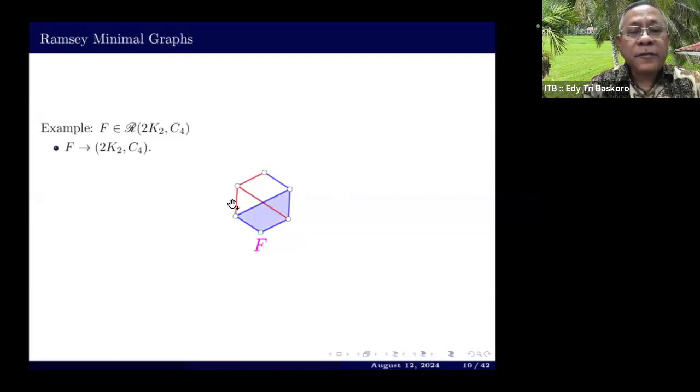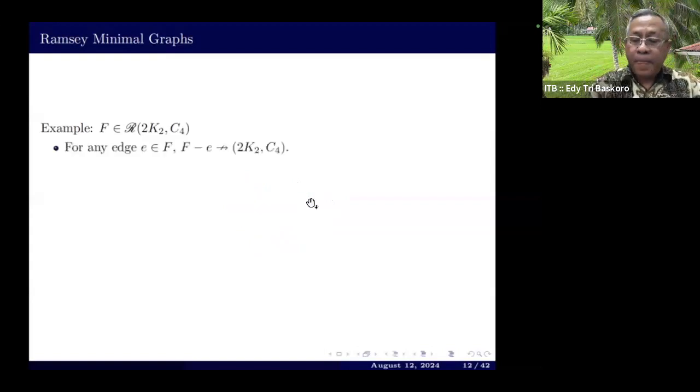In that case, you may have a C4 in blue color. Or with all the red edges incident to this vertex, then in this case, you have a C4 in blue color. Therefore, in any coloring, you will have either a 2K2 in red or a C4 in blue.